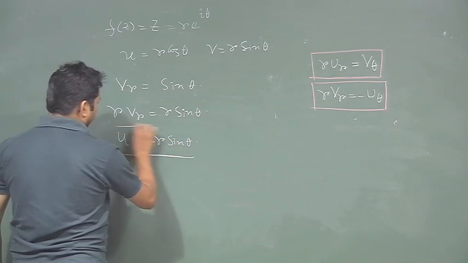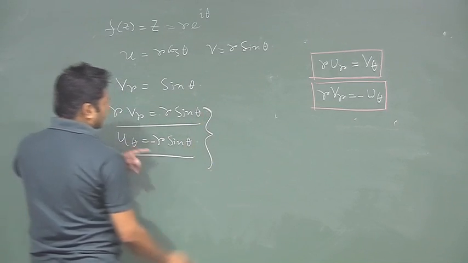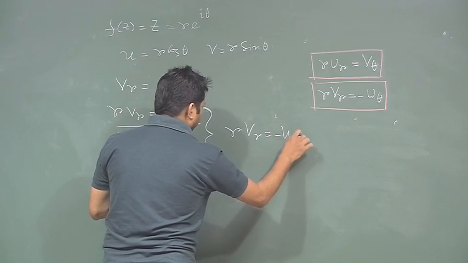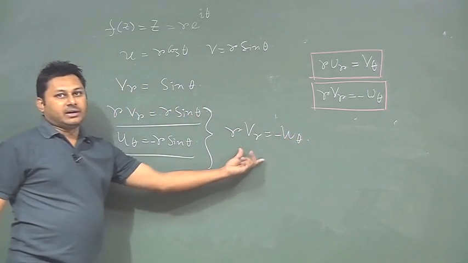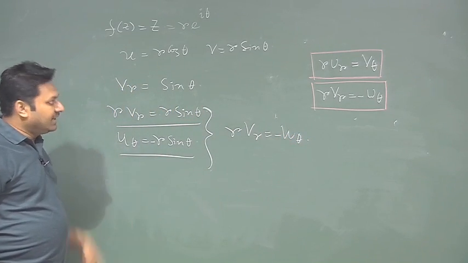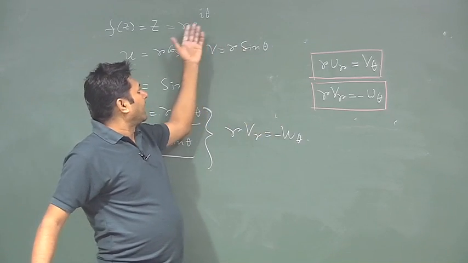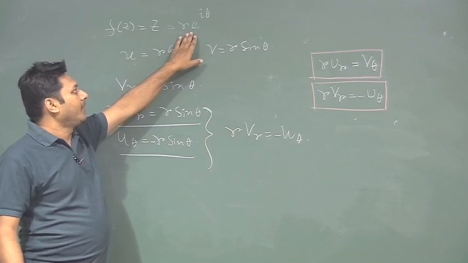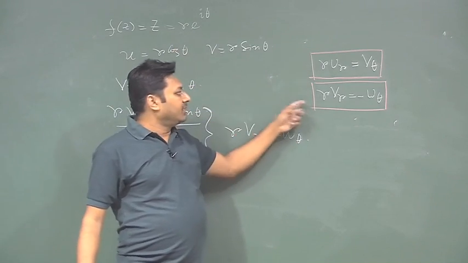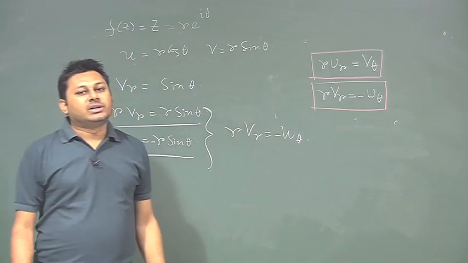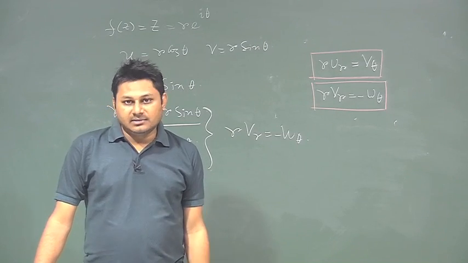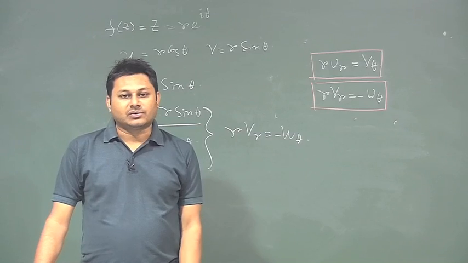So, these two are again same. So, the relationship r V r is minus u theta is satisfied here. So, you can readily check that when an analytic function is given in the polar form, this is the way you can readily identify whether the given function is really analytic in nature or not.